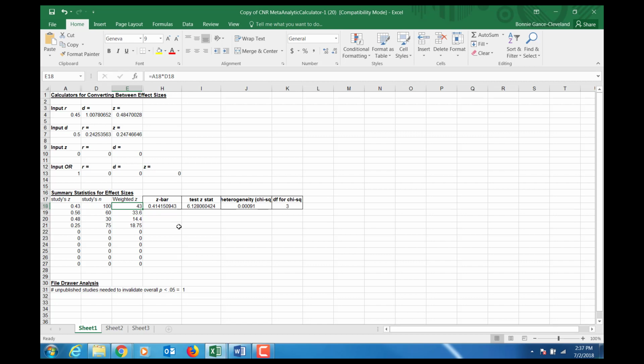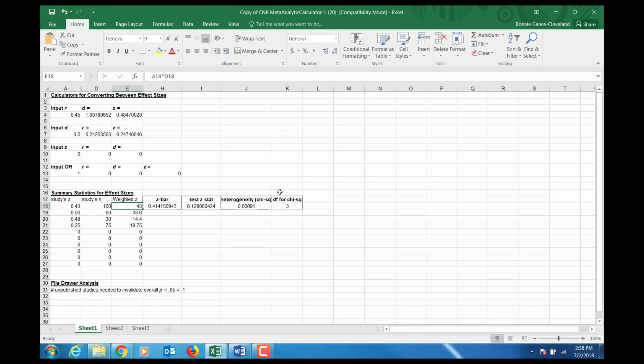Now you're ready to move on to step 2, and you're going to use the chi-square formula up here to come up with the heterogeneity. And you're going to look up that chi-square with 3 degrees of freedom in the table and see that in this case p is greater than 0.5, which is good, which means that there's not inconsistency between these studies, that they are homogeneous, and they are reporting consistent findings.